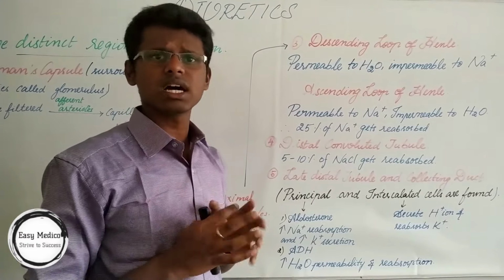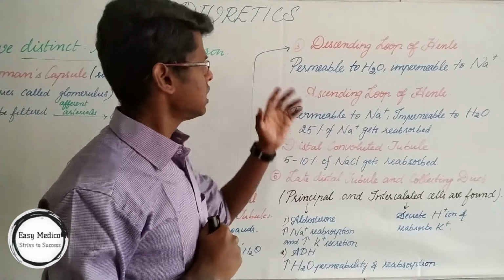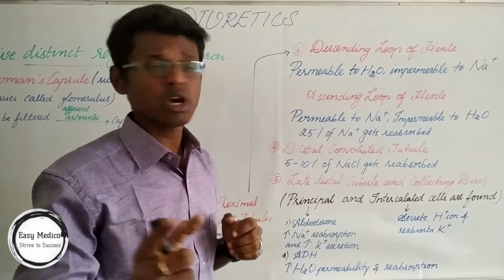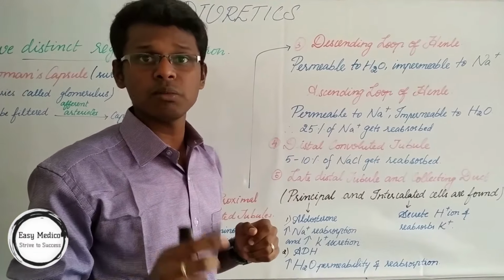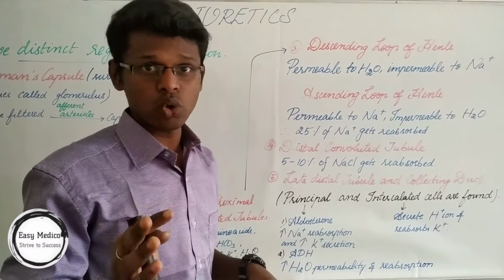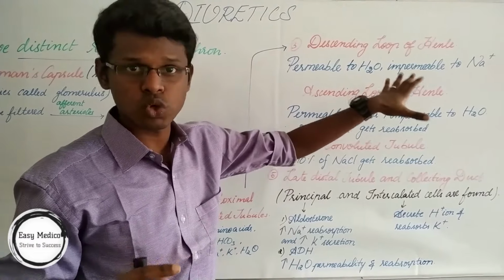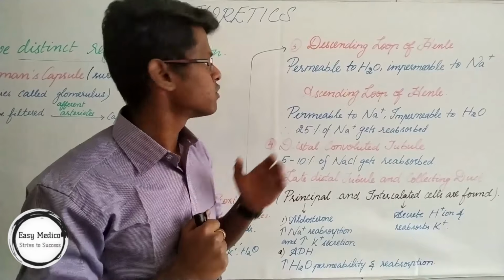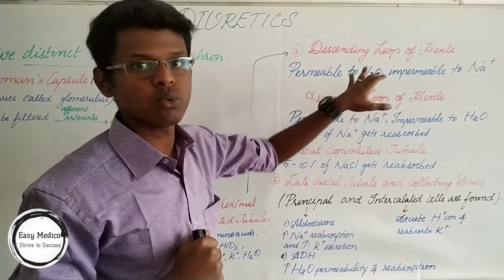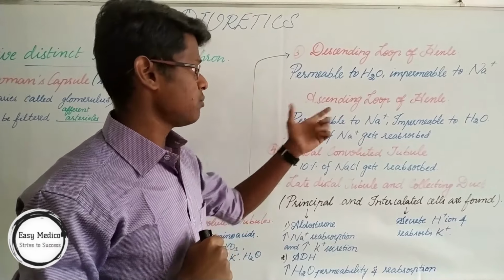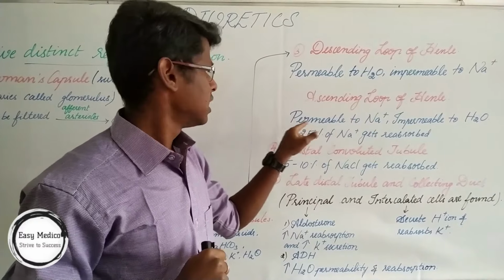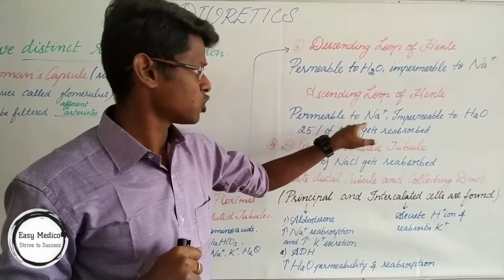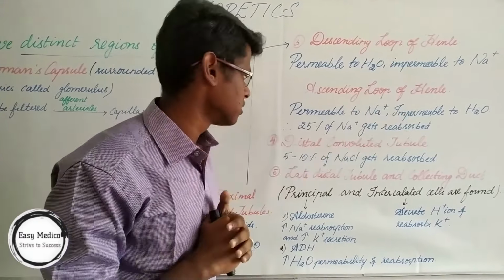First of all, what occurs in the descending loop of Henle? The descending loop of Henle is permeable to water and impermeable to sodium. As a result of impermeability to sodium, sodium stays, which causes the passing of water. In the same way, the ascending loop of Henle is permeable to sodium and impermeable to water.